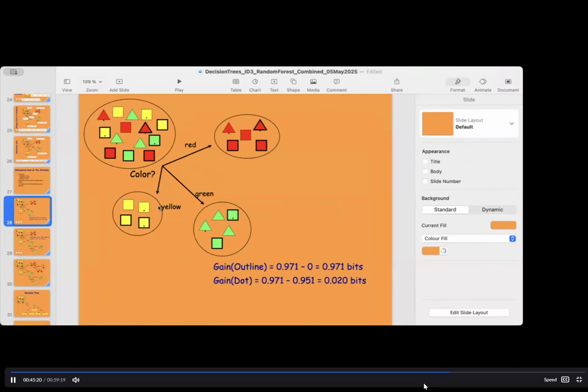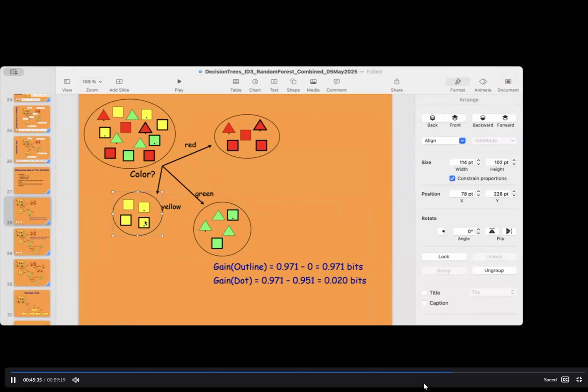Because of that, we choose the color and we end up with subtrees, each of the same color. The red is here, the yellow is here, and the green is here. Now with the yellow, we have a leaf because all of the objects are of the same class, all of them are squares.